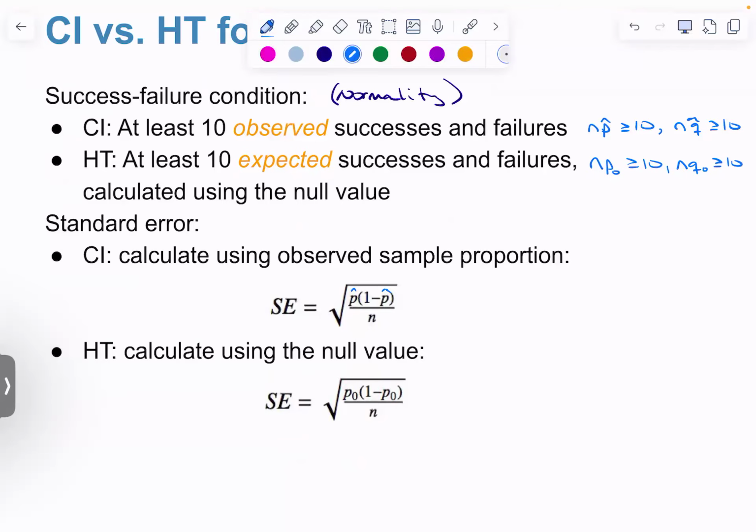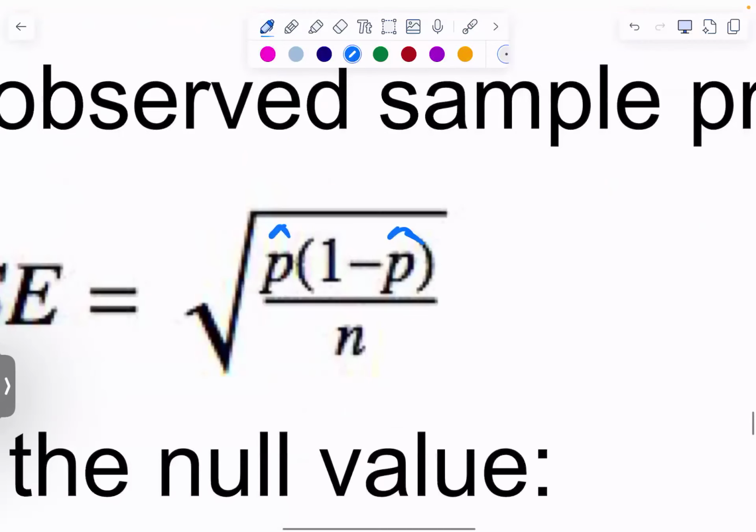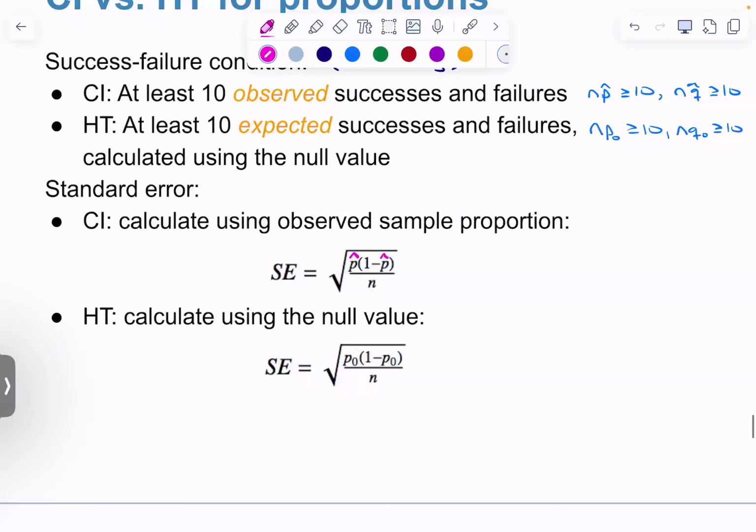I take clues from how the standard error is calculated, right? And kind of annoying, there's a typo on here that I fixed, but I'll do it with you. The standard error in the confidence interval, so the standard errors will always be the things under the square root. Okay?